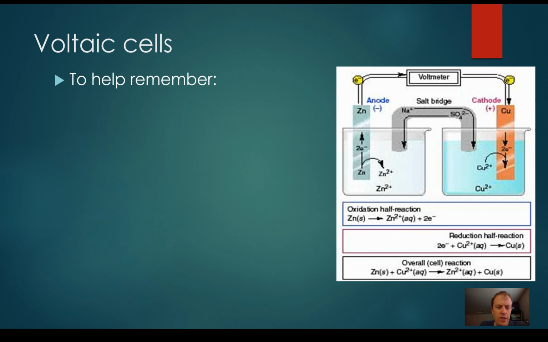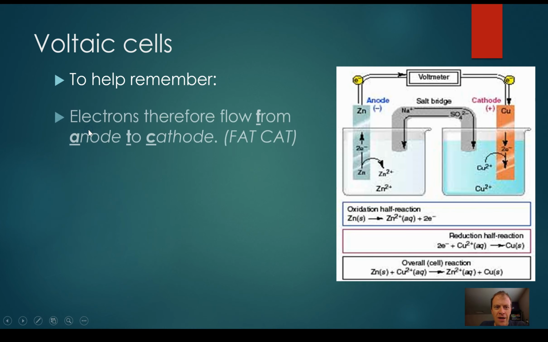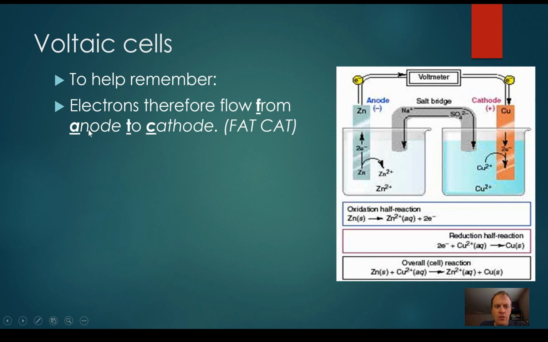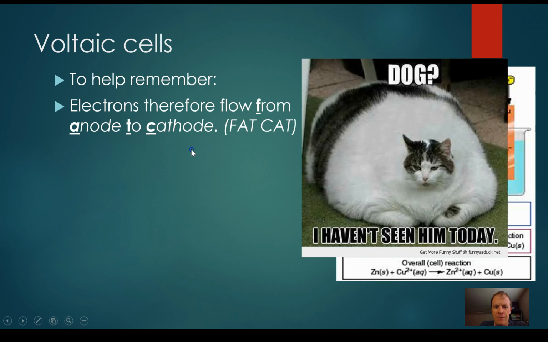So a couple of ways to help remember, because this technology is rather confusing. Electrons flow from anode to cathode, so that's fat cat, from anode to cathode, like that guy right there. I think that might be photoshopped. But electrons flow from anode to cathode, and we can say fat cat to help remember that.